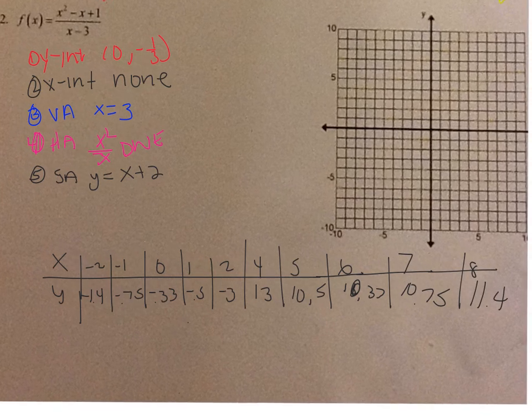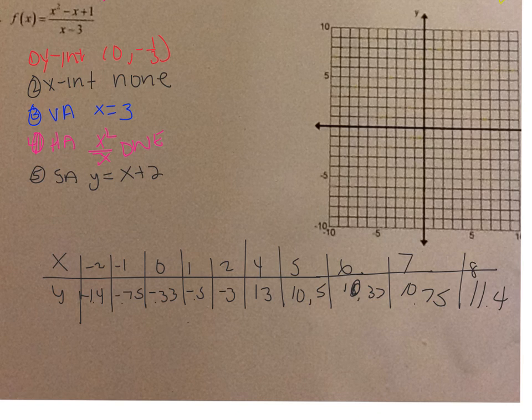Okay, now let's graph this. Let's start with our asymptotes. Our asymptotes are at x equals 3 and y equals x plus 2.